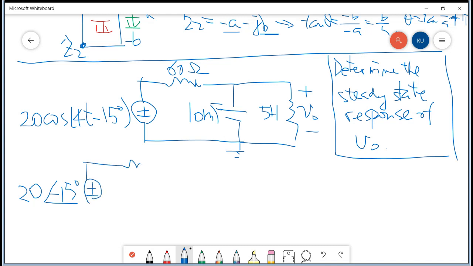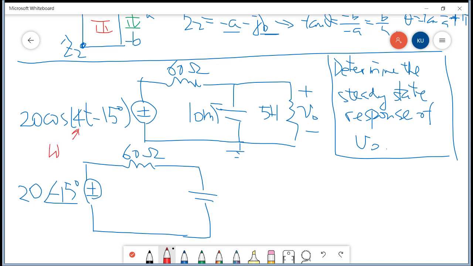and then for the resistor it is still 60 ohm, and for the capacitor we know that in this case omega equals 4, and actually omega equals 2 pi f.